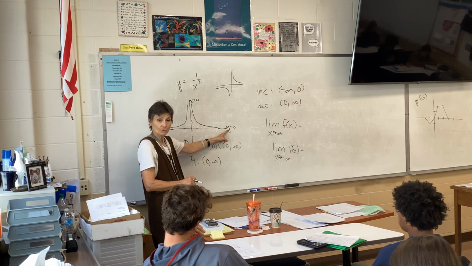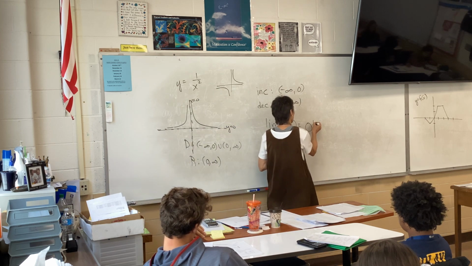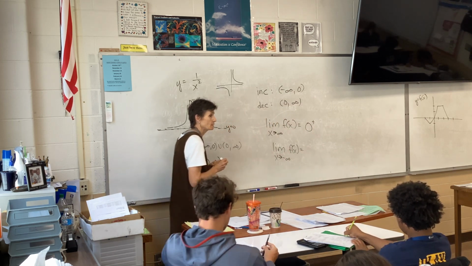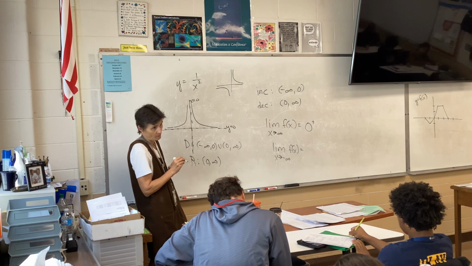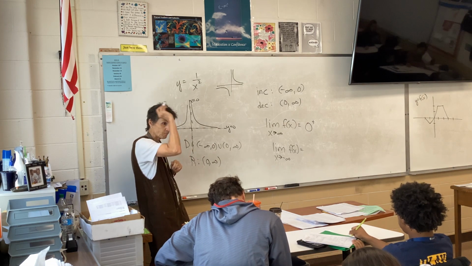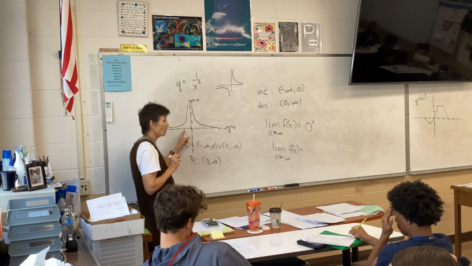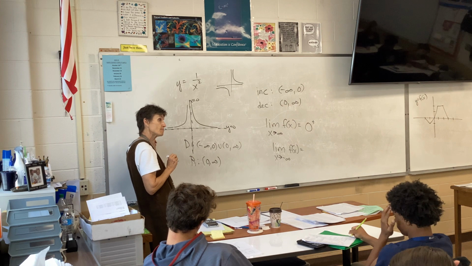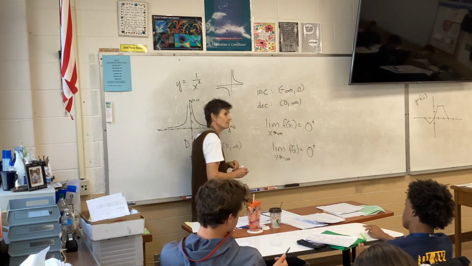It's getting closer and closer to 0 from the top. That does not mean positive 0. That means 0 from the top side. What about when we go all the way to the left? Same thing. 0 from the top side.